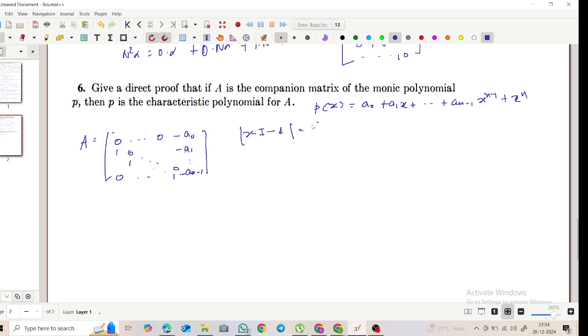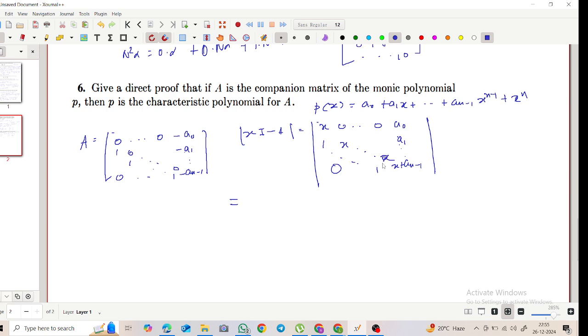Okay, so what will be that? So x, 0, 0, 0, plus a naught, only a naught. So every sign will change, a1 up to a(n-1), right? Okay, sorry, I will have to write x here.